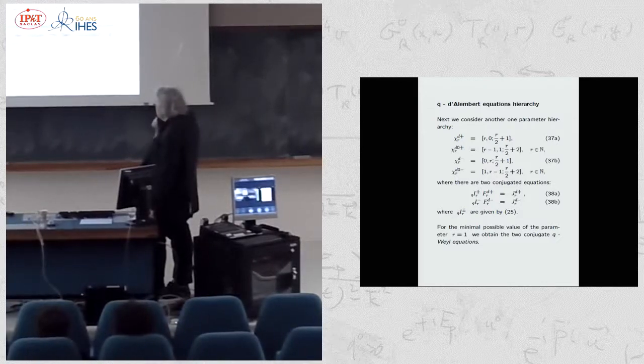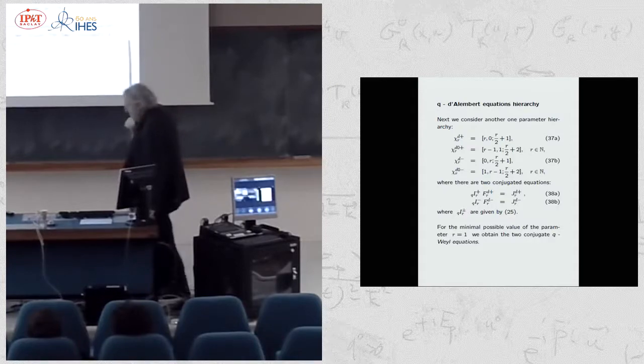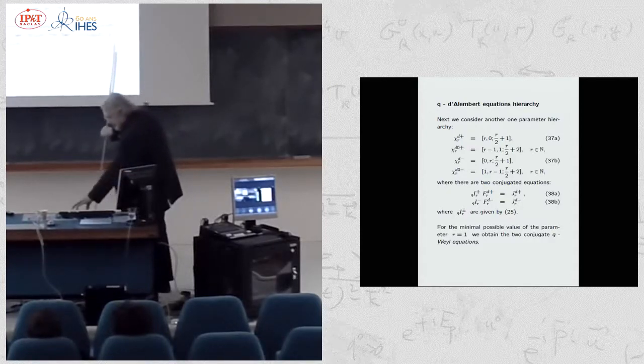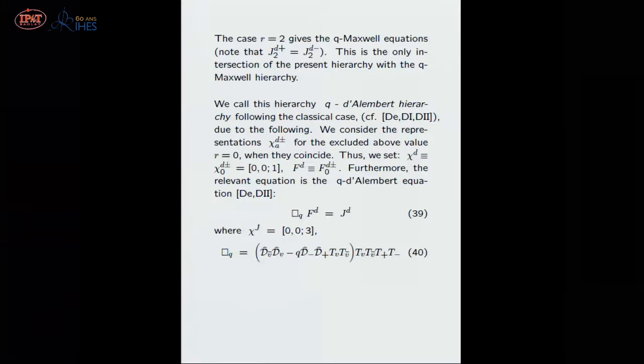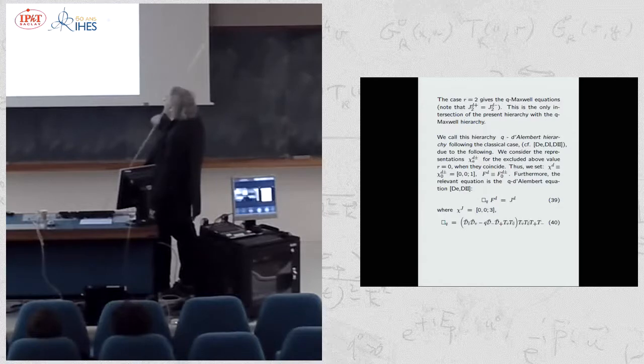Although it's not Maxwell, except if R is equal to 1, because these two J's are different. For R equal 1, we have some very simple Weyl equations. For R equal 2, we intersect with the Maxwell hierarchy, because in that case they coincide.